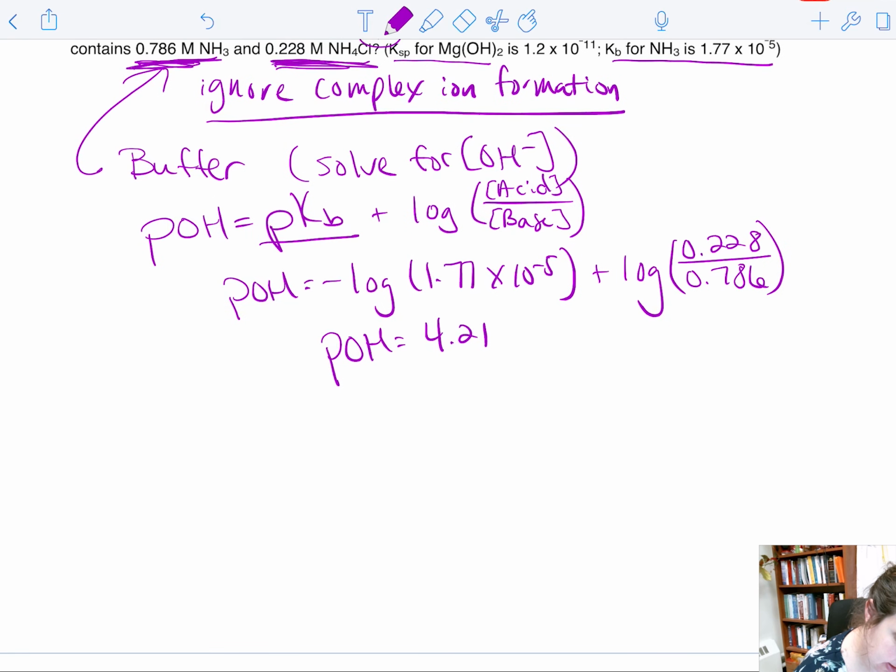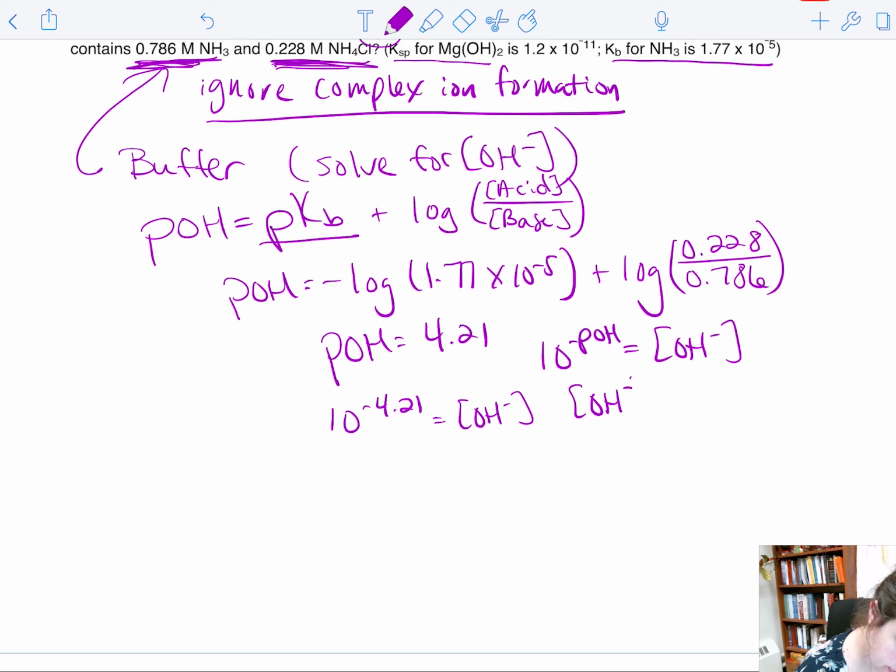We can then take 10 to the negative pOH, which gives us our OH- concentration. So 10 to the negative 4.21 gives a hydroxide concentration of 6.10 times 10 to the negative 5.